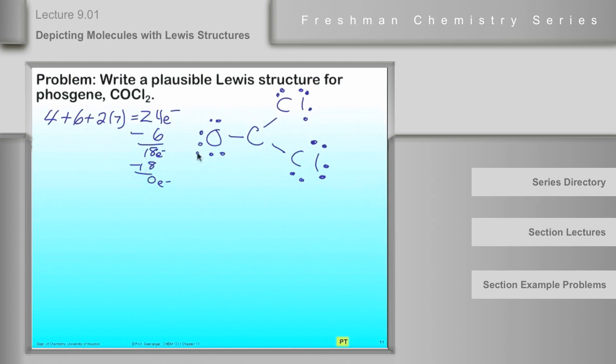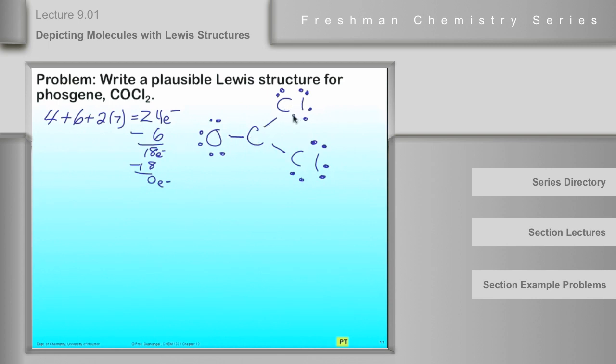But can we stop here? No, we cannot, and I guess you could see the reason why. This carbon has only 6 electrons around it. As you think about this, we now enter a gray area, because we could conceivably take a chlorine lone pair and make a carbon-chlorine double bond, or we could take an oxygen lone pair and make an oxygen-carbon double bond. The choice is based on what we already know about the covalent bond preferences of some of these atoms.